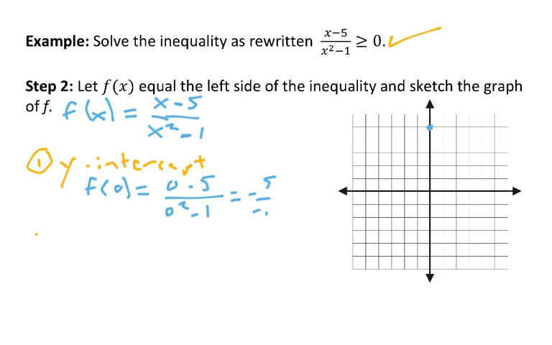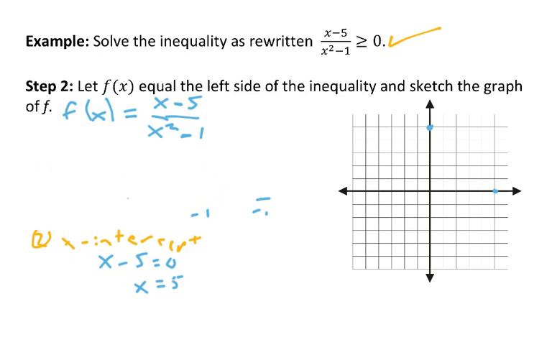We also find the x-intercepts, and that is found by setting the numerator equal to 0. So x minus 5 equals 0, and that would give me x equals 5. So amusingly enough, the x-intercept and the y-intercept are both at 5.